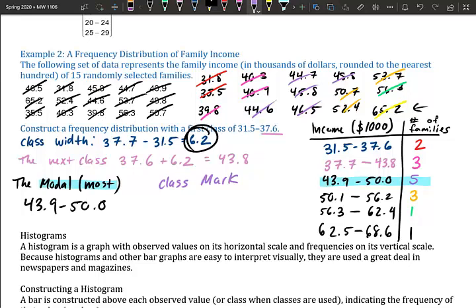So what we do is we take the first class, which is 31.5, and the lower value of the next class, 37.7, and you divide by 2. So you add these up, divide by 2, and you get 34.6. That's called the class mark.